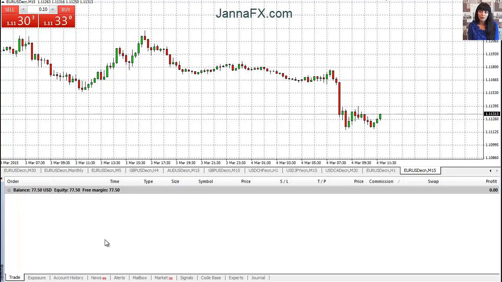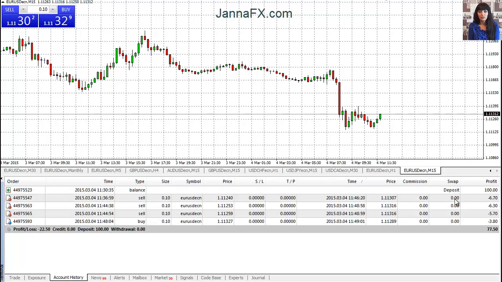So that's it. Also, if you look in the symbols, we also have the commission, as you can see, and swap. If we're trading a micro account, there is no commission, because the broker takes the spread. The commission for the broker would be the spread, and we'll be talking about it in another video.